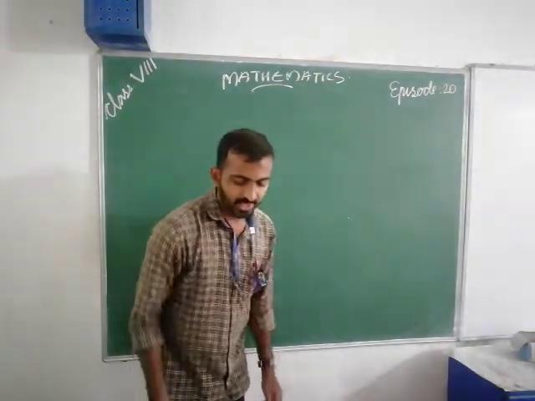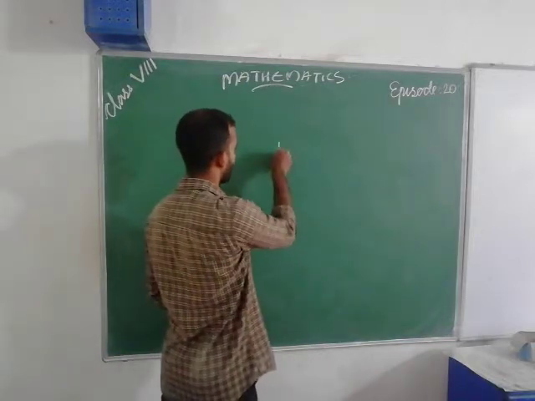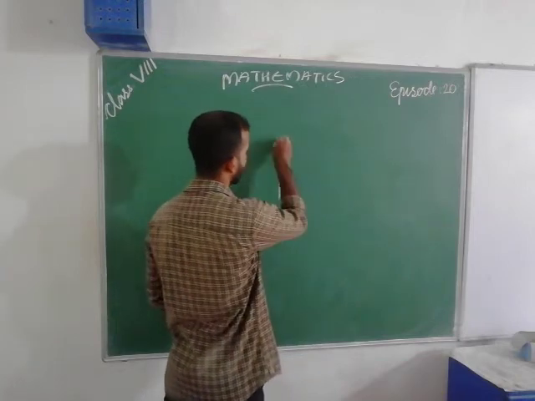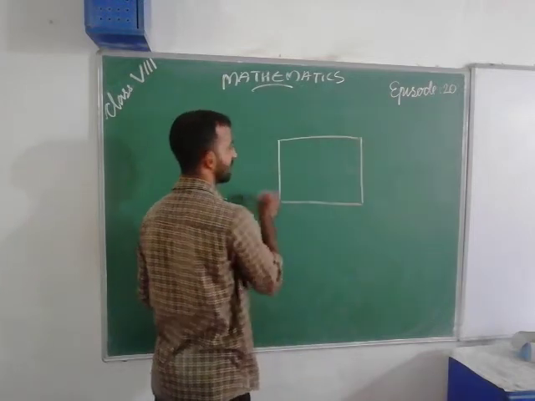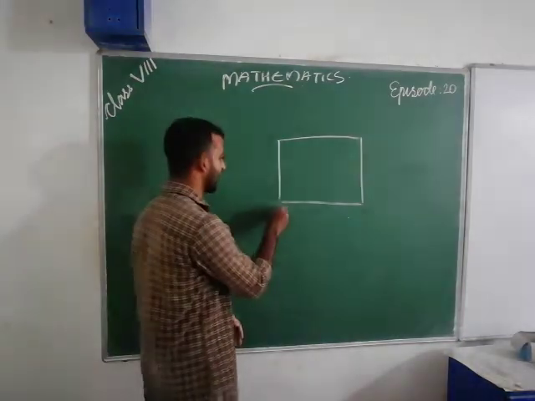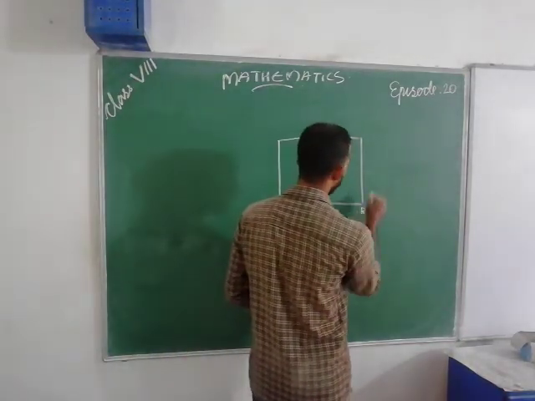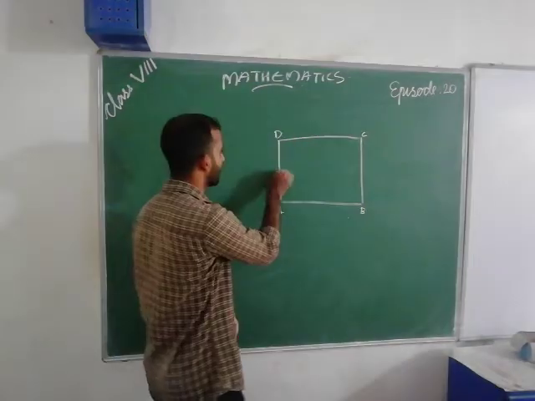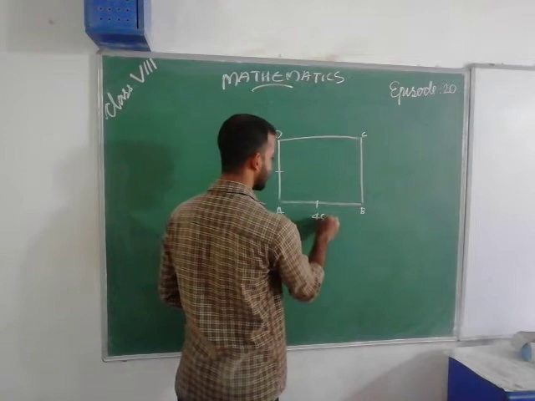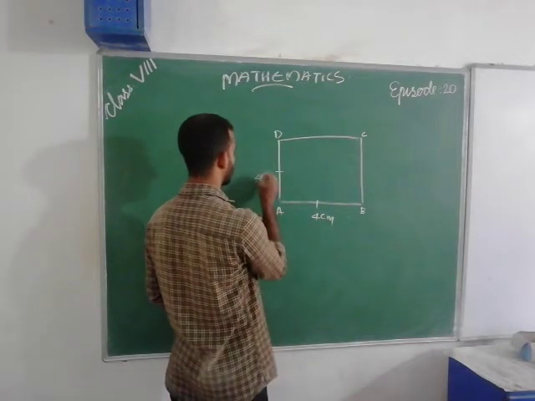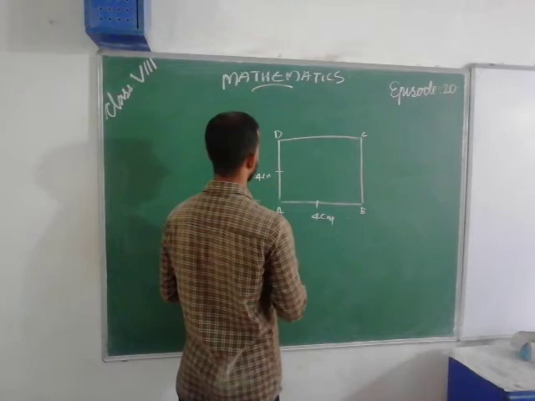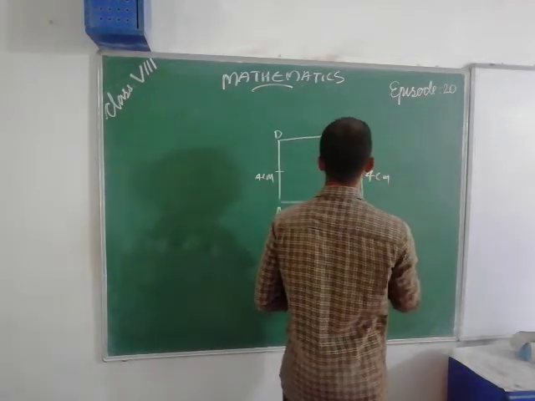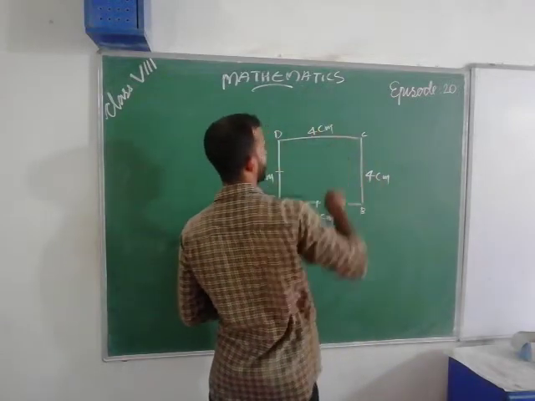This is a square. We can name it ABCE, and its sides are equal. Here is 4 centimeters, so this is also 4 centimeters, and this is also 4 centimeters.